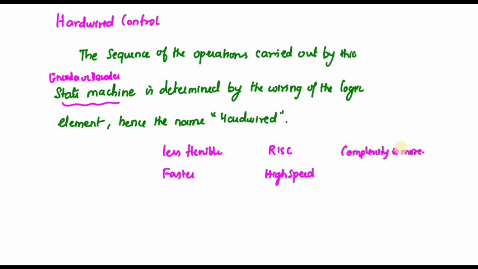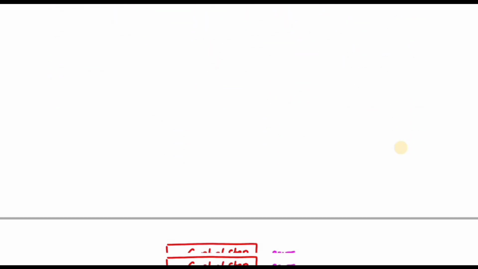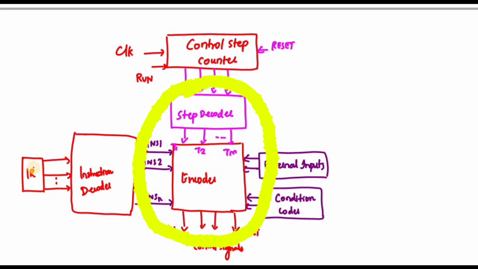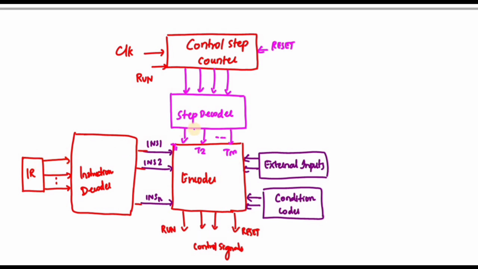Okay, based on the content of the instruction register, the state machine, that is this control unit, will generate the control signal. This control unit will generate the control signal at the output based on the instruction register, external inputs, and also based on the conditional code.